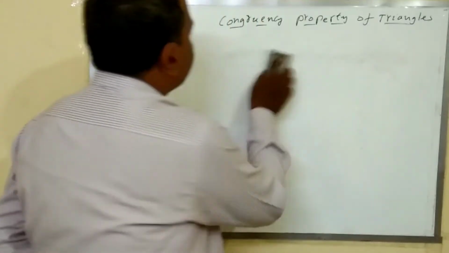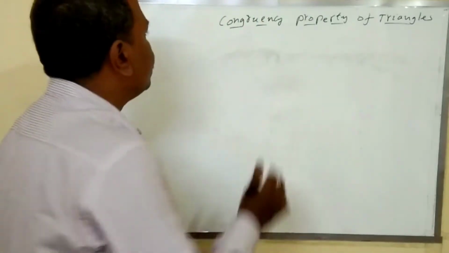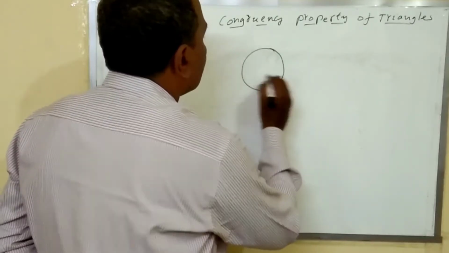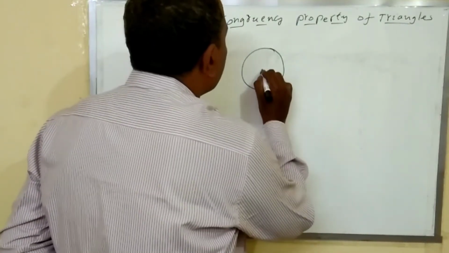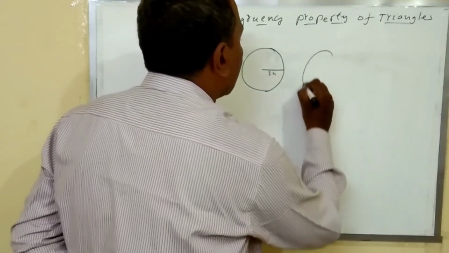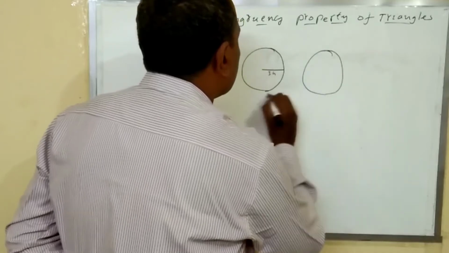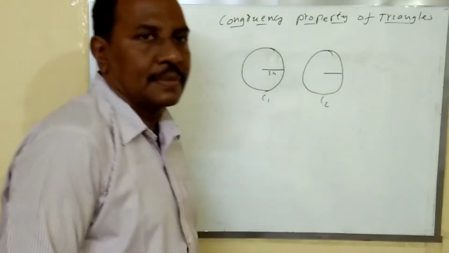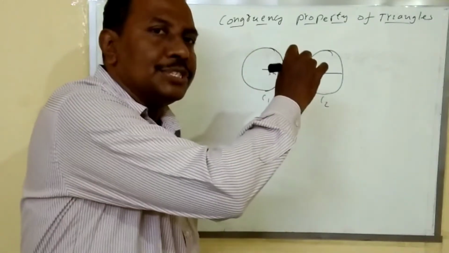You take a circle. Circle possesses some radius. You take the radius as 3 centimeters. You take another circle. This is C1 and this is C2, having the same radius. Circle means it is round in shape.